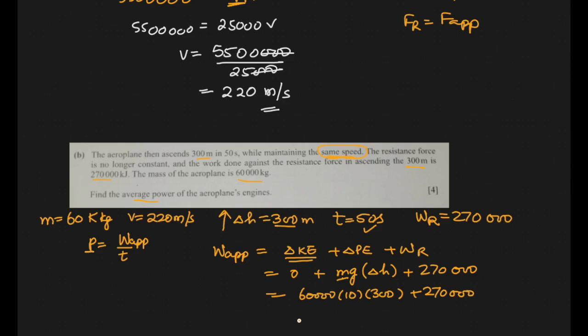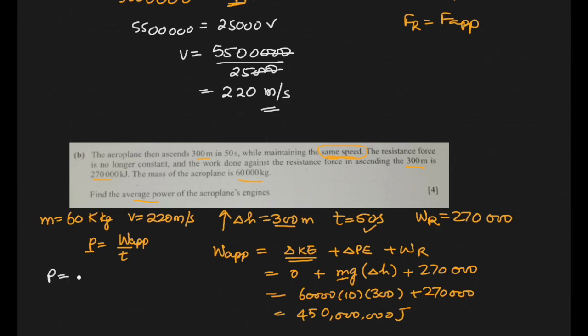That's it. It will give us the work done by applied force. So it comes out to be total, if I use my calculator, 450 million joules. Okay, and that we will use here now.